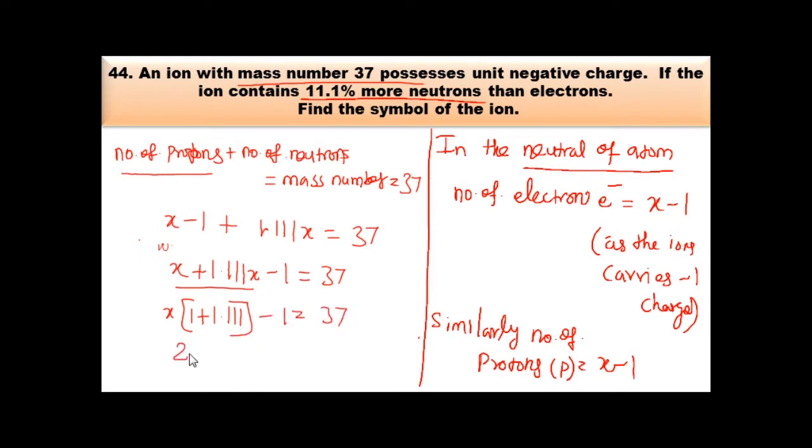So 2.11 X minus 1 equals 37. That minus 1 on that side is converted into plus 1, so 37 plus 1.